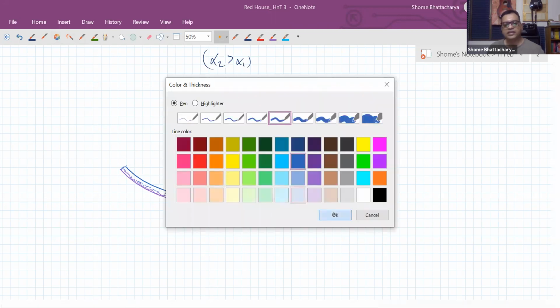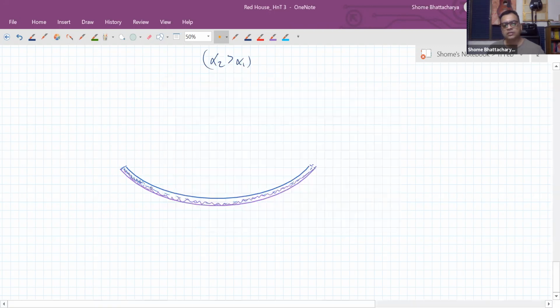Any arc has a center of curvature, and that center of curvature is, let's say, over here. So basically we want to find out this angle theta.